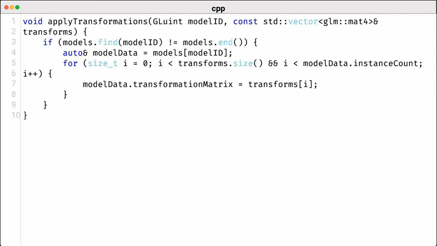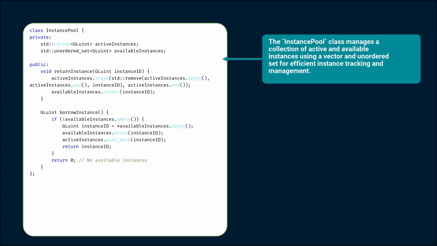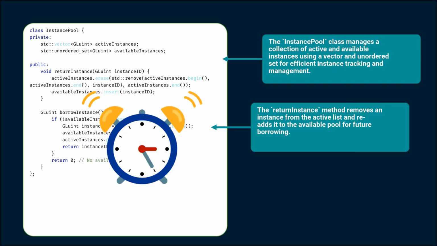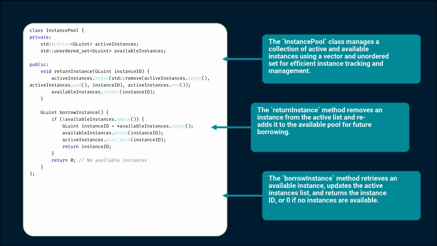Next, we will implement a class that provides a mechanism for managing instances efficiently, which is crucial for maintaining performance in dynamic environments. The instance pool class introduces a simple yet effective instance pooling strategy to enhance memory management.